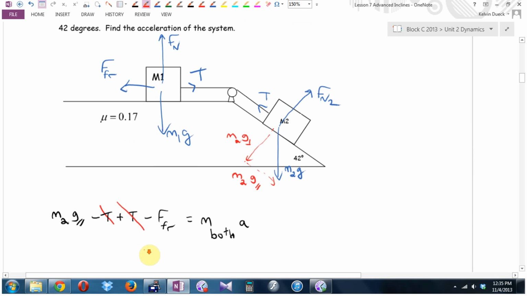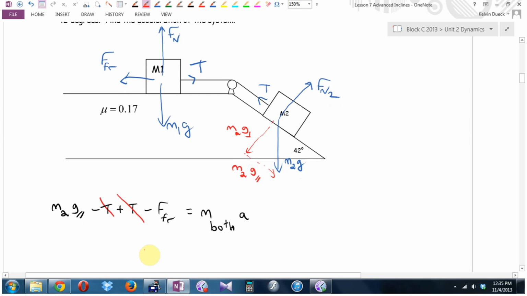Let's keep going. M2G parallel. M2G, two lines. Minus friction. Friction is what times what? I don't know the normal force. Oh, but look, I know another force the same size as the normal force.